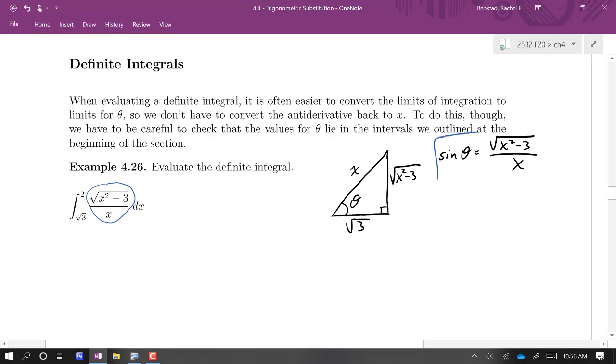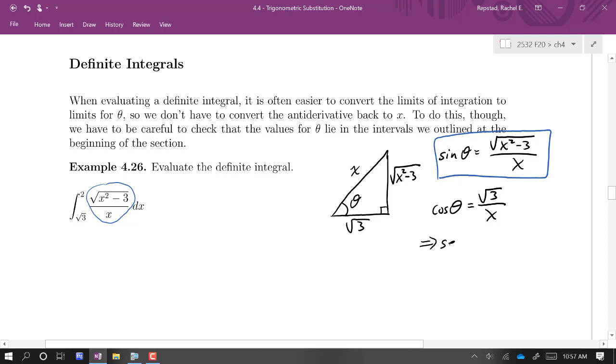Now, because we need dx, we do still need an expression for x so that we can get the substitution for dx. So I'll use the cosine function because that uses x and just the constant side. SOHCAHTOA tells us that cosine theta is √3 over x.